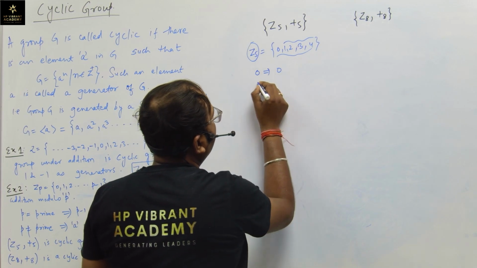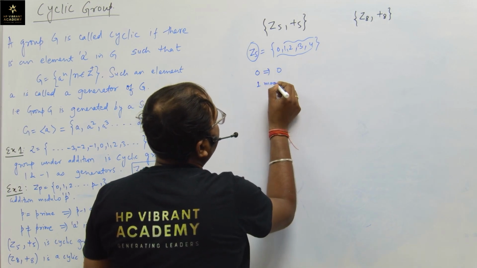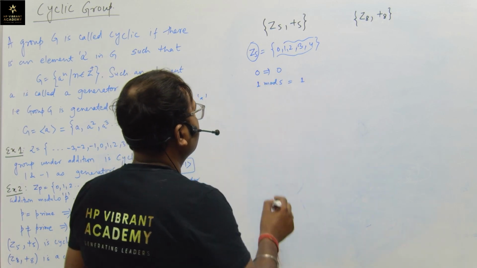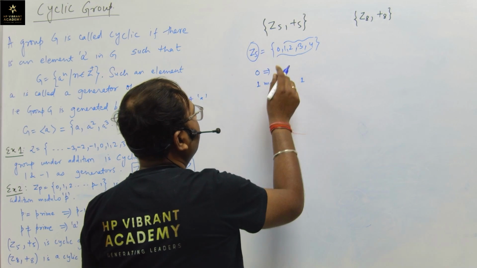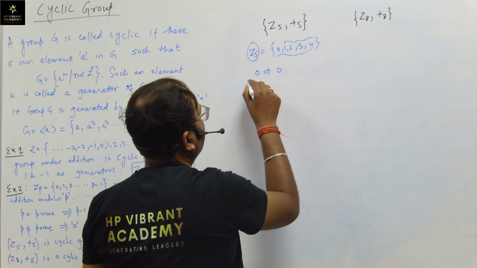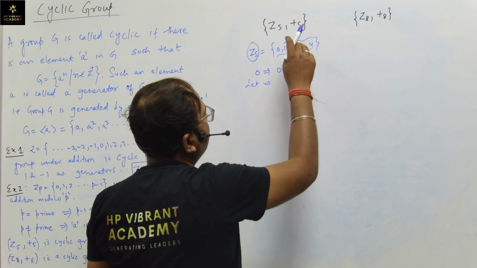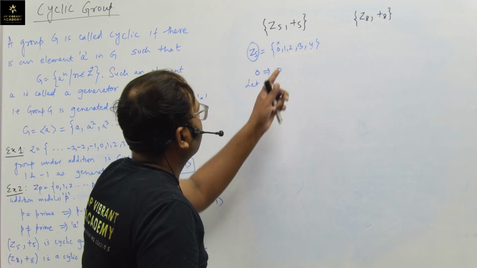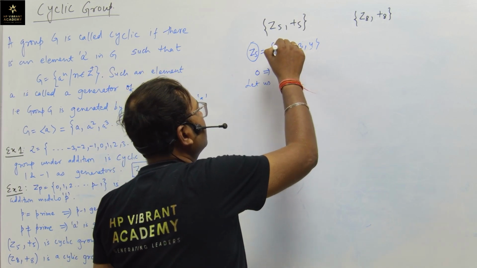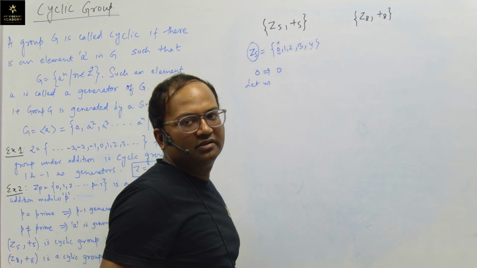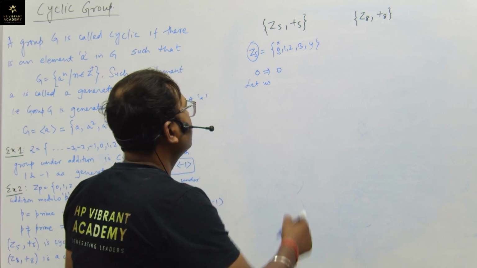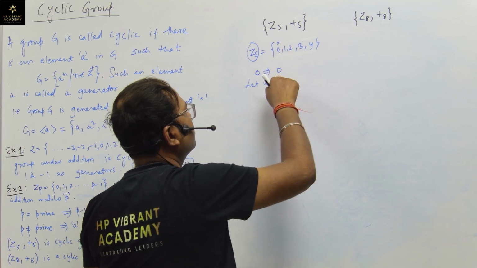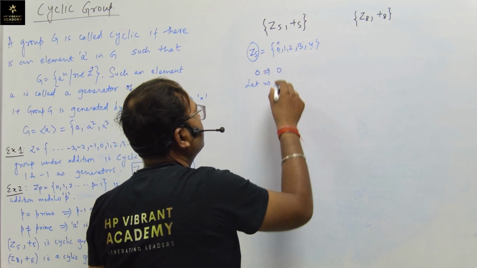Let us take these elements one by one. 0 is not generating any of the elements, 0 is only generating 0. So this will not generate the whole group, so this is cancelled.